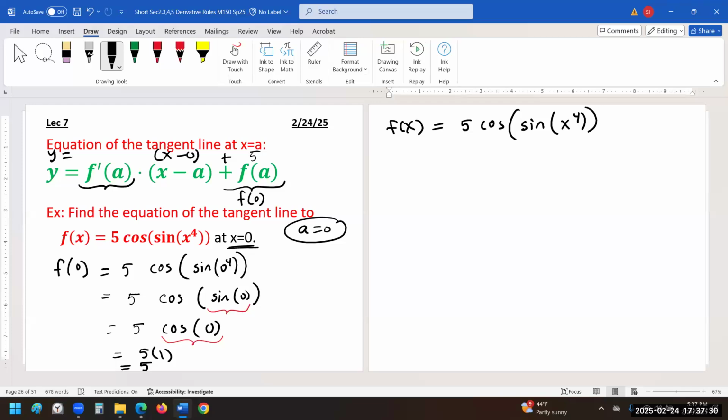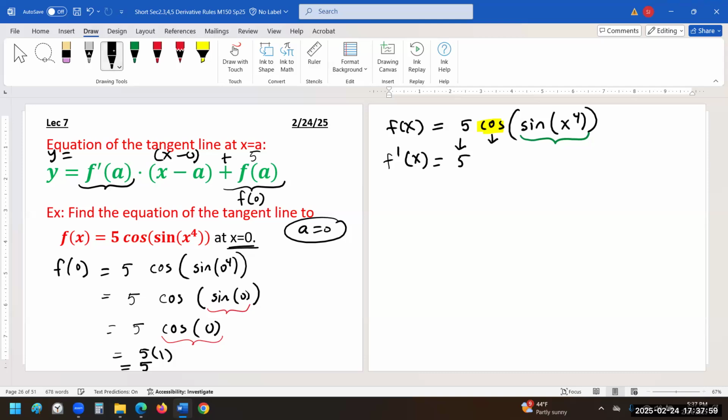And as you see, we have three functions sitting inside one another. So the derivative rule says always take the derivative of the outer function first, but leave the inner function the same. That's the chain rule. In here, 5 is not a constant, it's a coefficient. So when we have a coefficient, we leave it alone. We bring our 5 down because it's a coefficient.